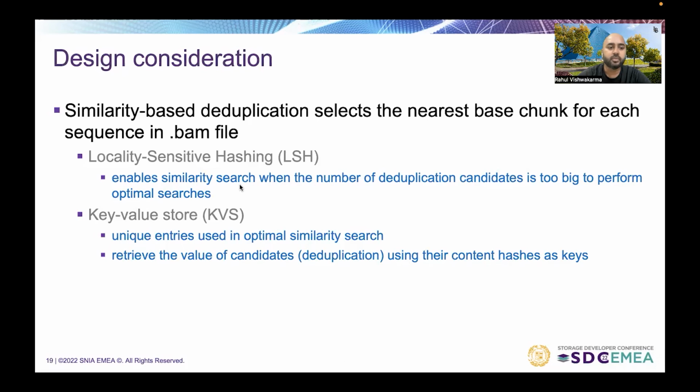And over here we will be using locality sensitive hashing and a key value store after performing LSH. Both of them are good for indexing. And finally, we can retrieve the value of the candidates using the hash values.